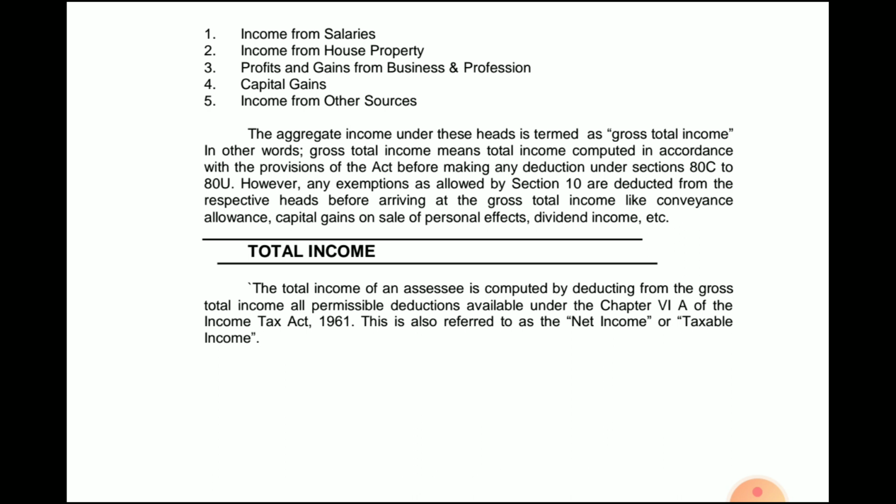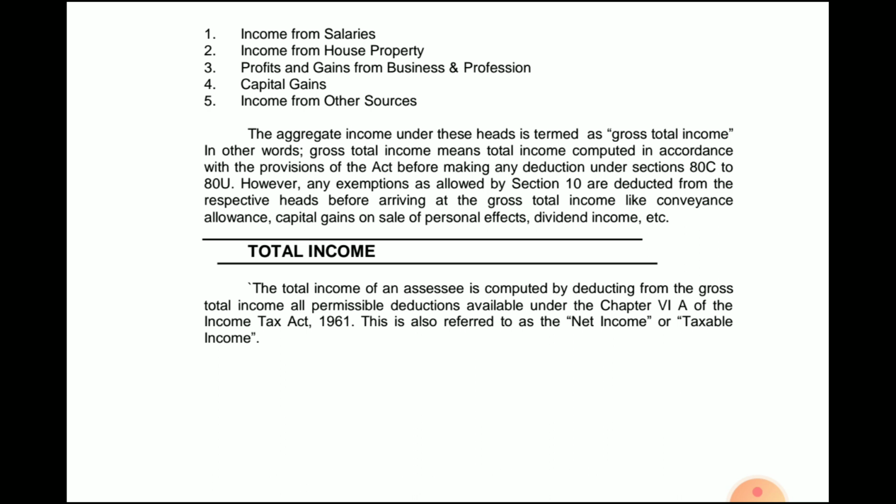However, any exemption allowed under section 10 is deducted from the respective heads before arriving at the gross total income, like conveyance allowance, capital gains on sale of personal effects, dividend income, etc. So before going for the deduction under section 80C, the deduction under section 10 has to be reduced. Only then can we know the GTI.